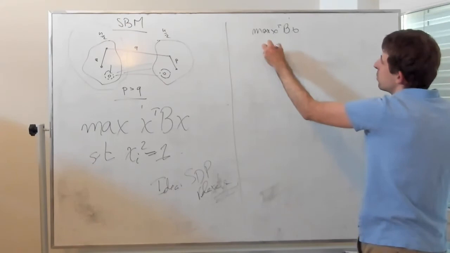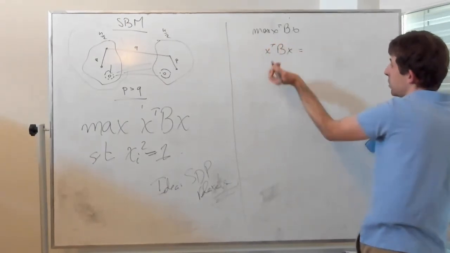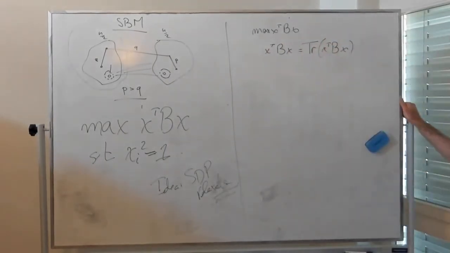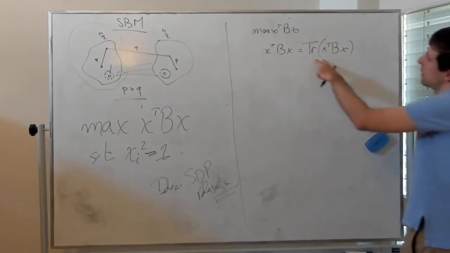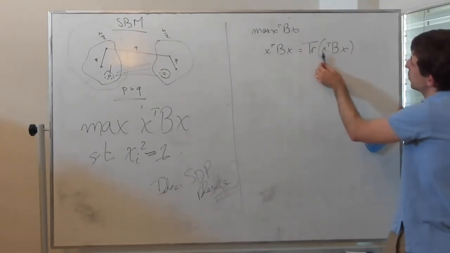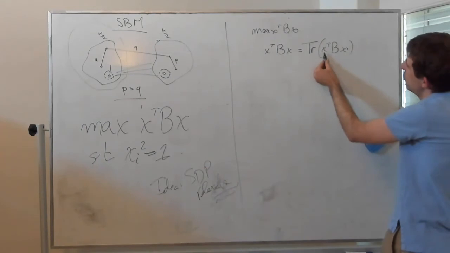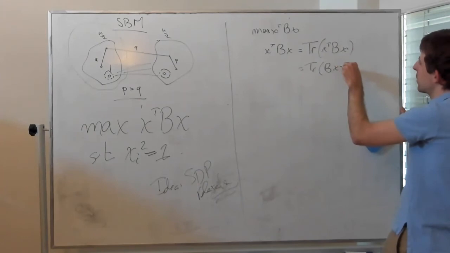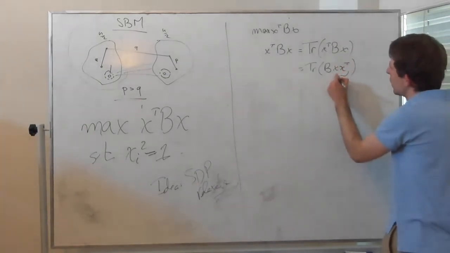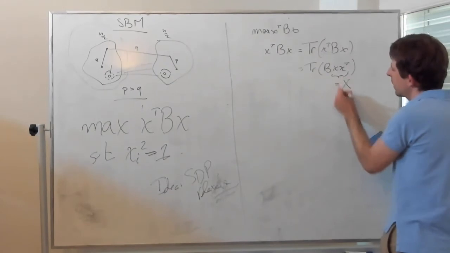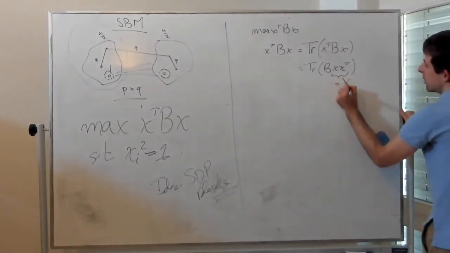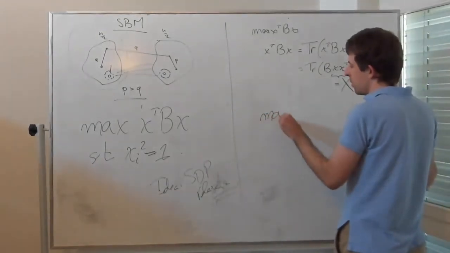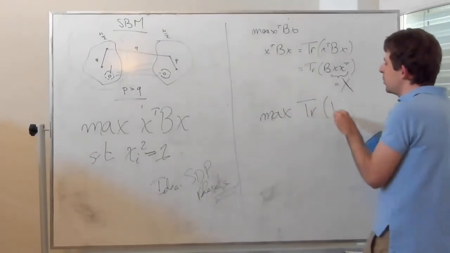So one thing we could say is: x transpose Bx, because it's a number, is the same as its trace. Since the trace is invariant under cyclic permutation, we can move x transpose over there. So this is the same as the trace of B xx transpose. Now we can call this a new variable. In fact, define this as the variable big X.